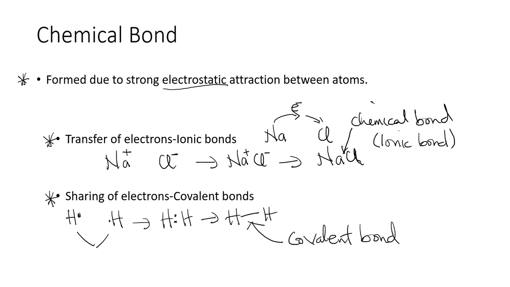While a covalent bond, what happens is you bring two atoms together and these atoms share electrons. And through this sharing of electrons, the two atoms attract each other. The type of attraction that we have through sharing of electrons is known as a covalent bond. So that's the difference between ionic bond and a covalent bond.